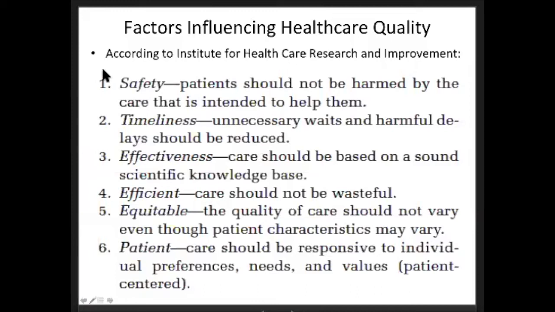It starts with the idea of what are the factors that influence healthcare quality based on the Institute for Healthcare Research and Improvement. There are 6 different factors: safety, timeliness, effectiveness, efficiency, equity, and then the patient care should be responsive to patients' individual needs. And so these are the 6 ones prescribed by the Institute for Healthcare Research and Improvement.